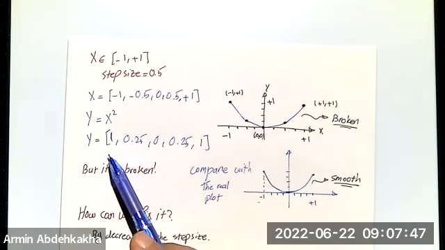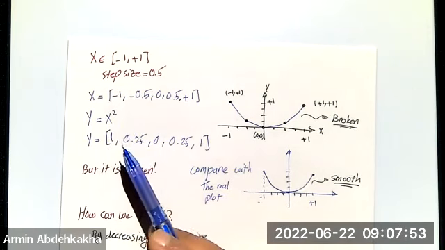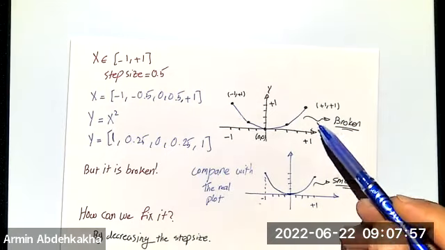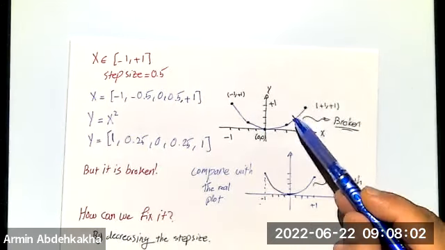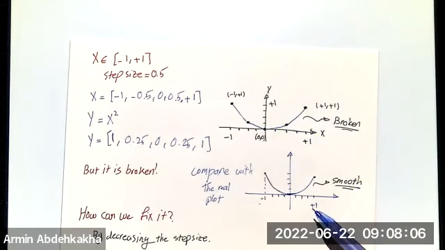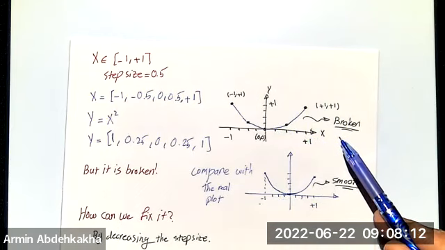So let's calculate the y's. Y is going to be 1, because -1 to the power of 2 is 1, and then the rest of the points. Then I put the points here, 5 points, and connected them with lines. But you know that y equals x squared has a smooth shape. What is broken here, correct?